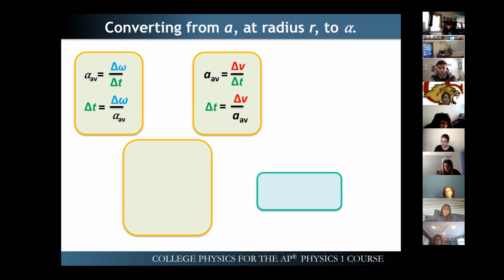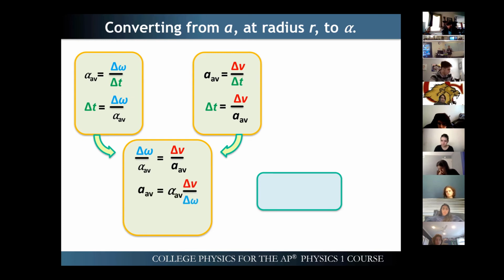So if we set them both equal to t, we can set them equal to each other. So now we've got delta omega over the angular acceleration, and delta v over the linear acceleration. Now, just like we did before, we're going to solve this for the linear acceleration and see if we can find a relationship.